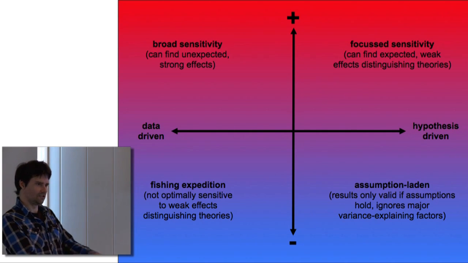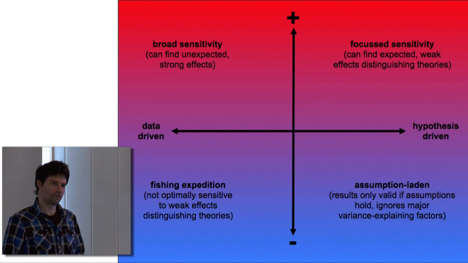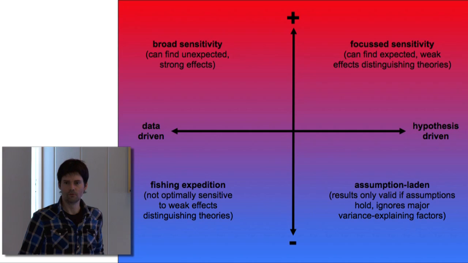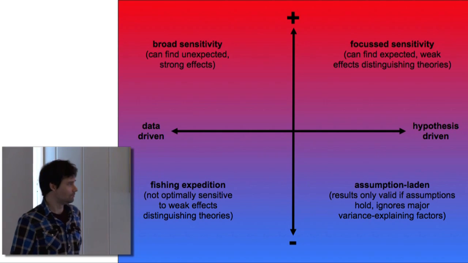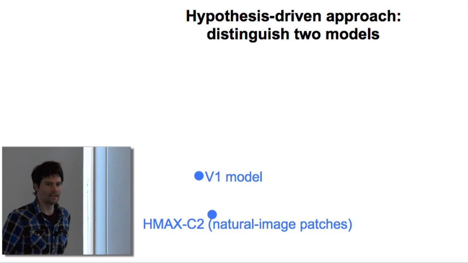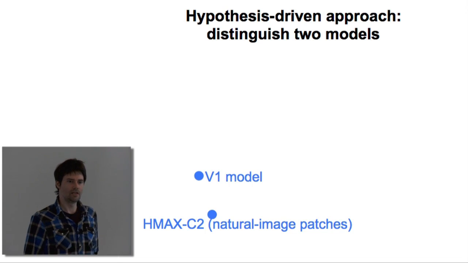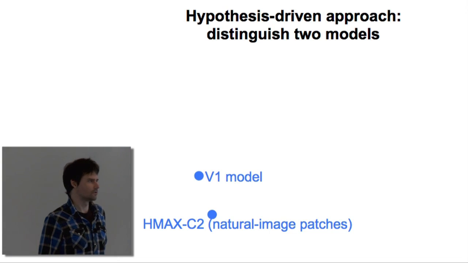So by focusing the light on a little spot, you might see something, and then you make a big story out of something very small when there's a big elephant in the room that you haven't seen at all, even though it would explain a lot of your data and might ultimately be more interesting. So how does that relate to our approach of using representational dissimilarity structure to test models?